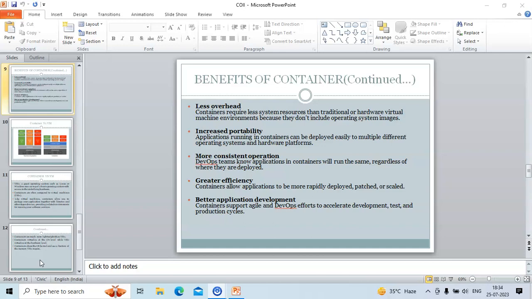Next is greater efficiency, as containers allow applications to be deployed, patched and scaled faster. Fourth is better application development. It means containers support agile and DevOps efforts, which accelerate the development, testing and production cycles.